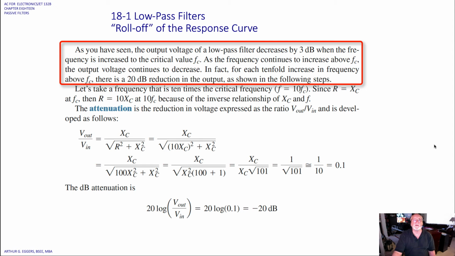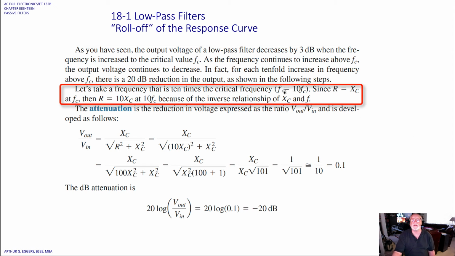So let's take a frequency that is 10 times the critical frequency. So we create an expression: frequency is equal to 10 times the critical frequency. Since R is equal to X sub C at F sub C, then X sub C at 10 times F sub C is one-tenth of that, because of the inverse relationship of X sub C and frequency.